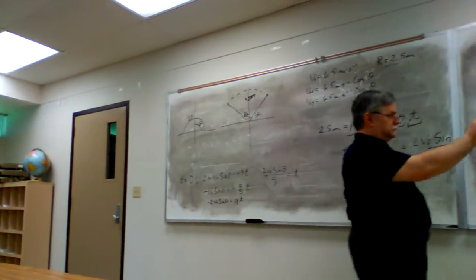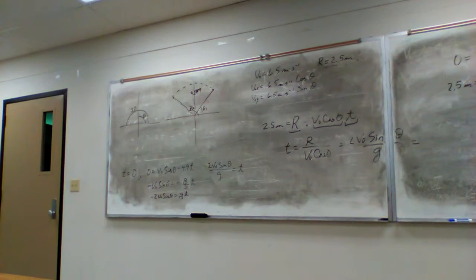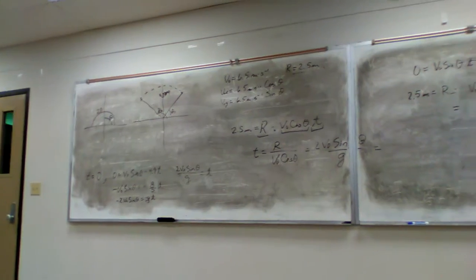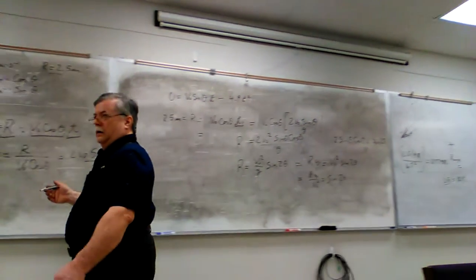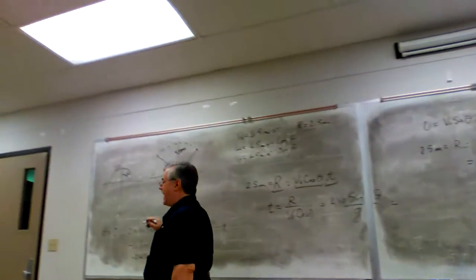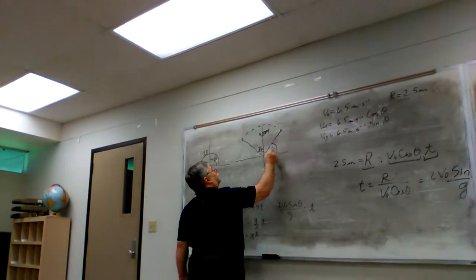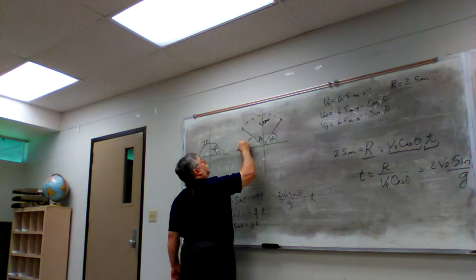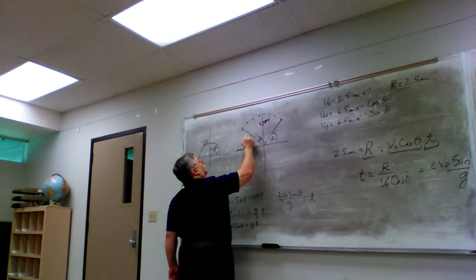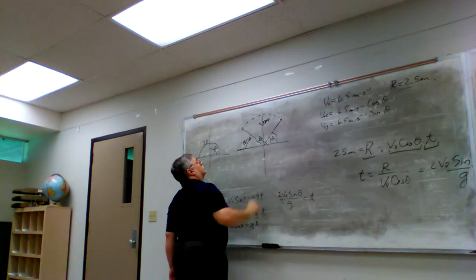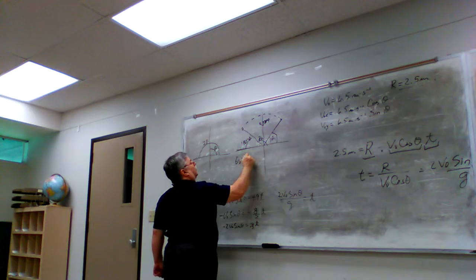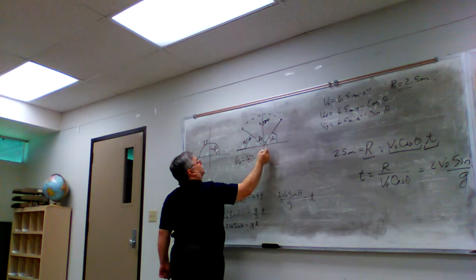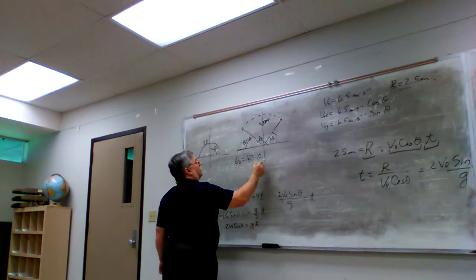So, we get the first angle of 35.44. When else would it be? When you subtract this from 180. So theta 2 equals 180 minus theta 1.